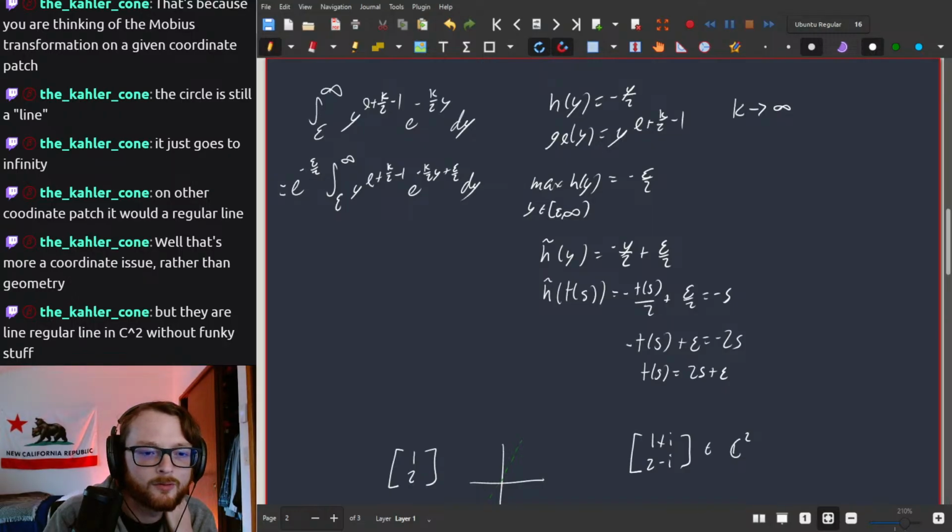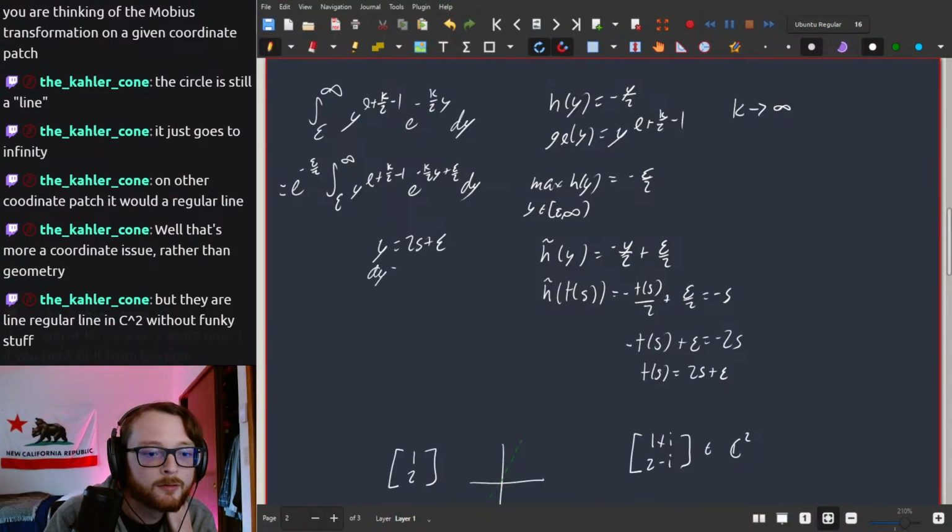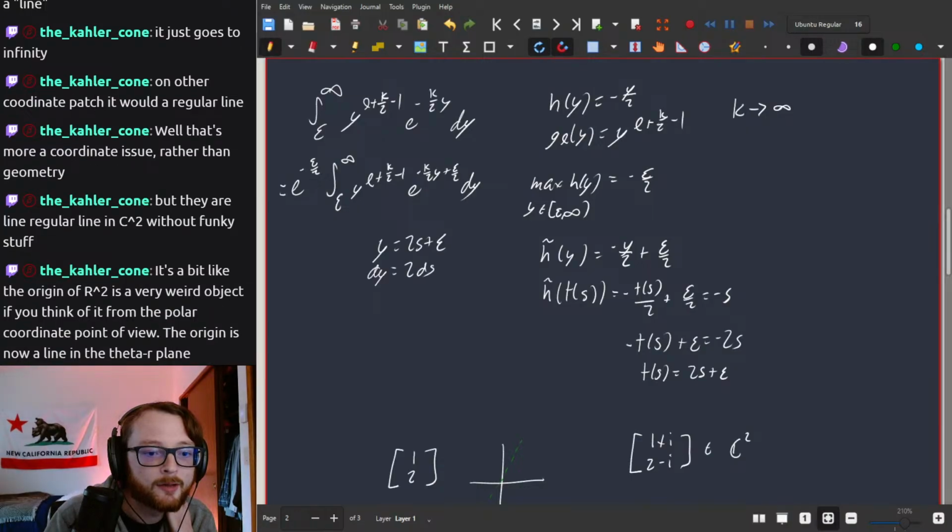So I think I'm letting y equal 2s plus epsilon. So dy is 2ds. If y is equal to epsilon, s is equal to 0.